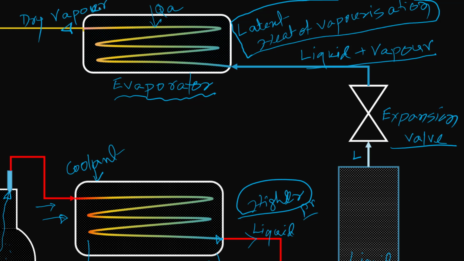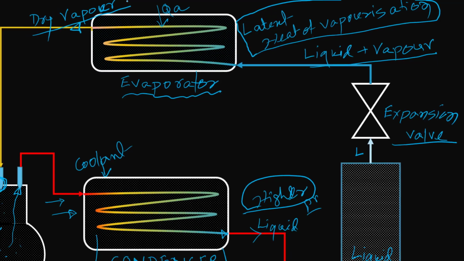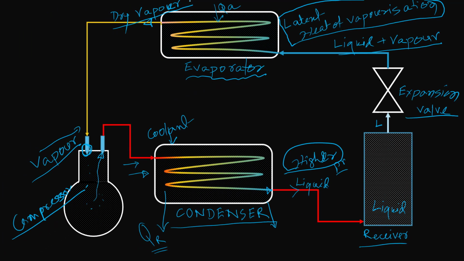In thermodynamics we discussed what is dry steam, what is saturated water, what is saturated dry steam, what is superheated steam. This is like this. So this dry vapor will again enter into the compressor, and it will become superheated vapor, like superheated steam. And this way the cycle repeats.